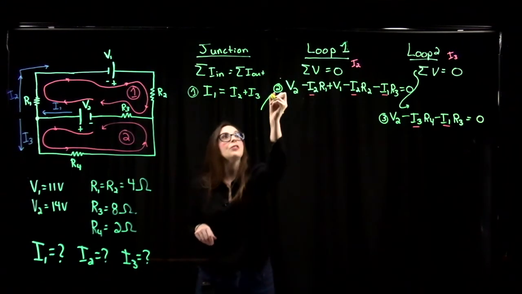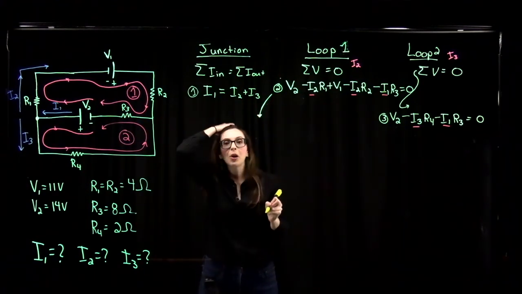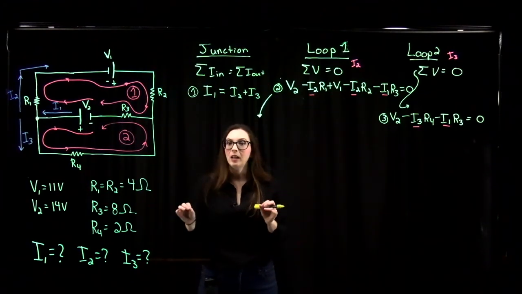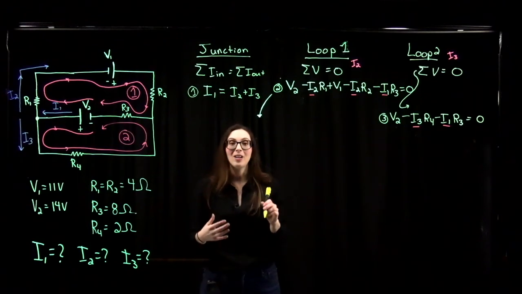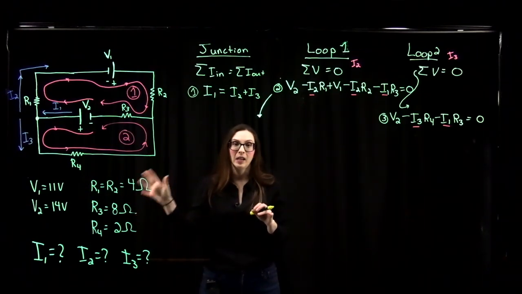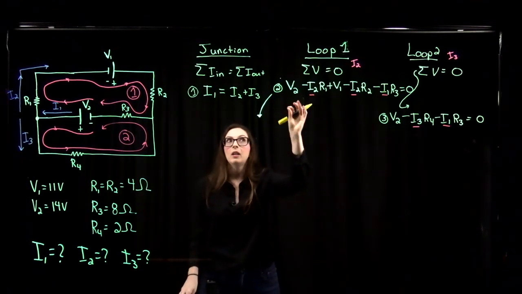Now this is a little bit different than what I usually ask you to do. We're going to solve this equation for I2, and when we do it, we're just going to put in the numerical values, and we're not going to include the units. That's pretty unusual for what I do, but we get too many of these variables hanging around and it gets a little bit confusing. So we're just going to plug in the numbers.